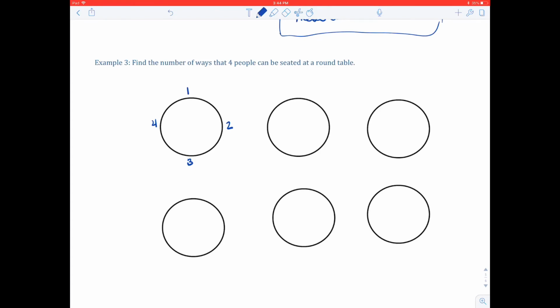If I keep 2 next to me each time, 2 could stay on this side and we could swap the 3 and the 4. And then 2 could be over on the other side, and we could keep the 3 here, and then the 4 could go here.